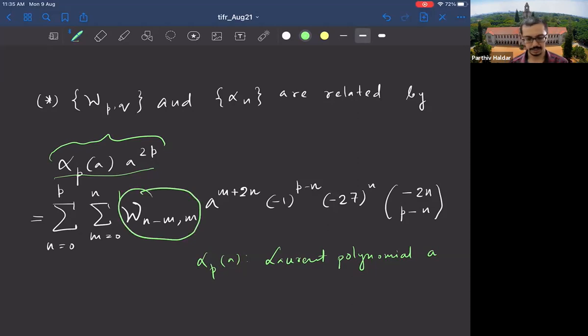This is the main strategy to exploit the mathematical technique of the univalence function for that matter.